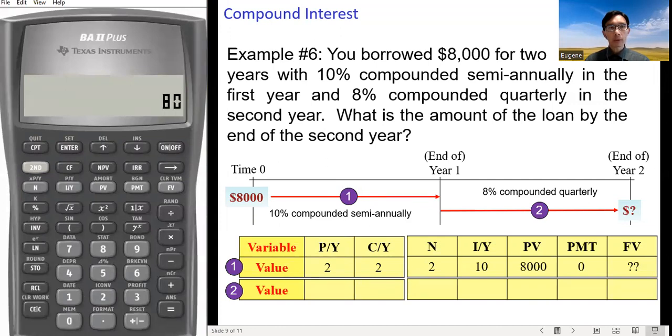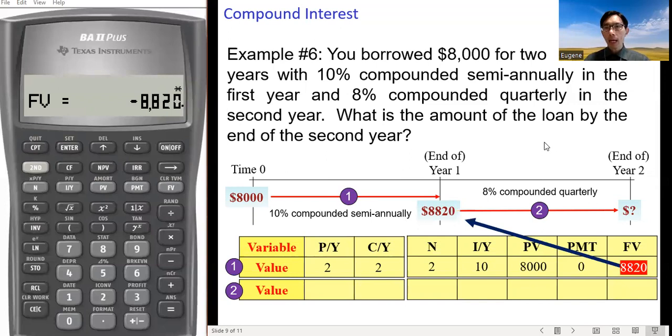PV 8,000. 0 for PMT, and then compute the variable FV. We get 8,820. And then we can move on to the second time segment.